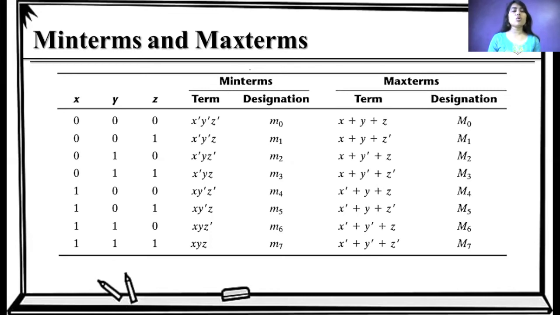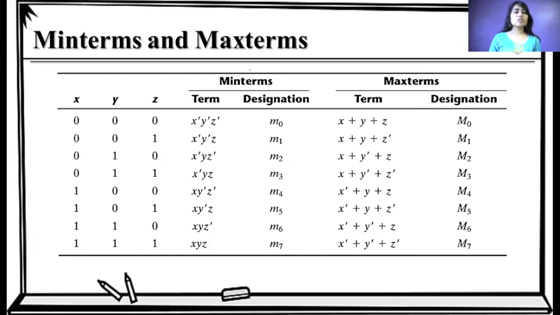Then for 0, 1, 1, m3, 1, 0, 0, m4, 1, 0, 1, m5, 1, 1, 0, m6 and 1, 1, 1, m7. So this is how we designate the minterms using small m. For minterms, we use small m.